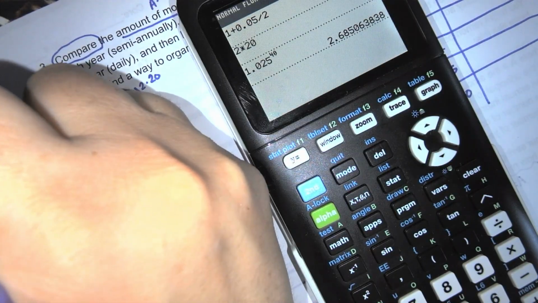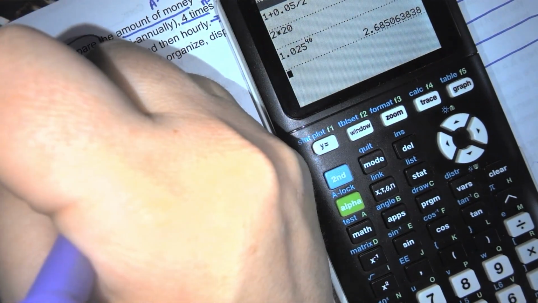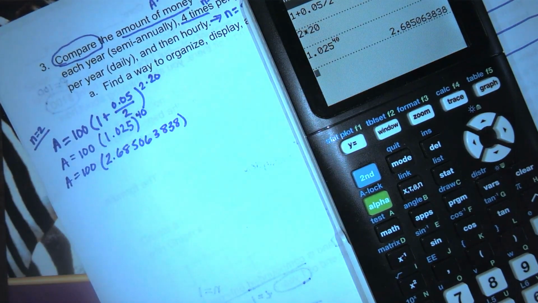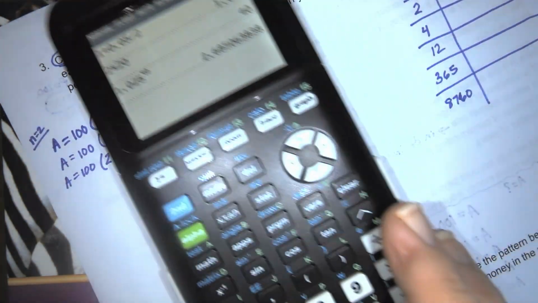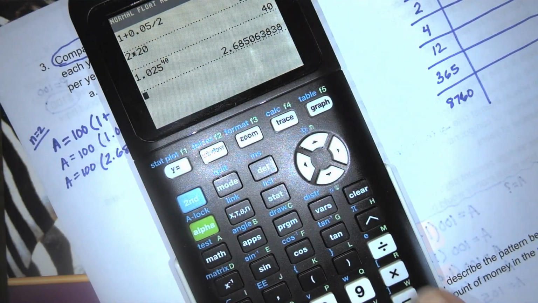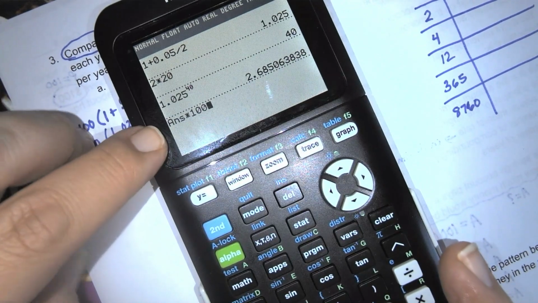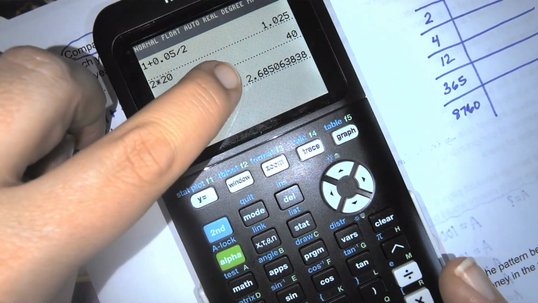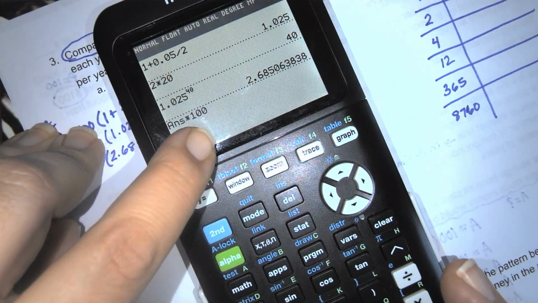A equals 100 times 2.685063838. And now I'm going to do that times 100. So here's a quick trick. Rather than typing all this number in again, I can literally just hit times 100. And you see how it says ANS? That means it's taking your previous answer, which is this, and it's multiplying it by 100. So that's a faster way to get things in the calculator.